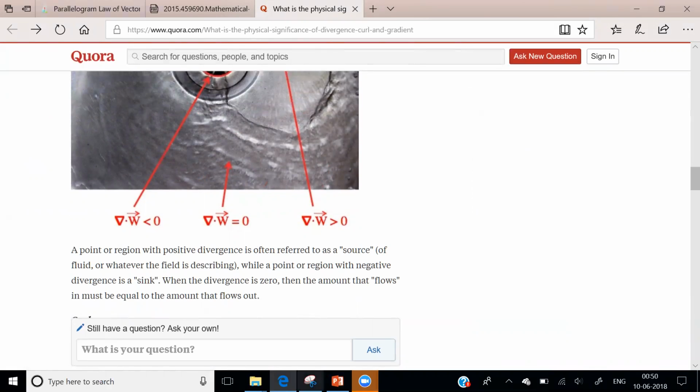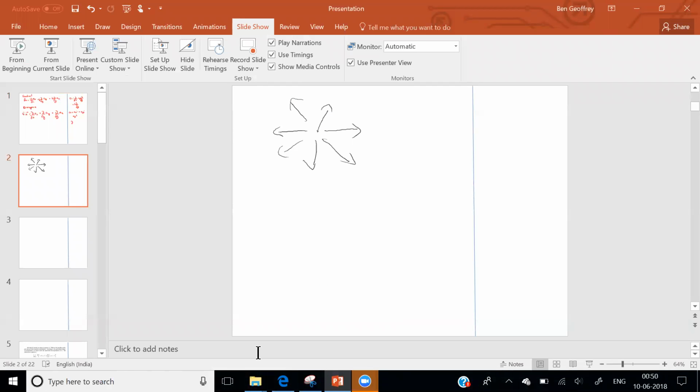Next, if you have a steady flow region and you compute the divergence, it will be 0. This flow is represented by a vector field, so the magnitude and the direction of the flow are represented.